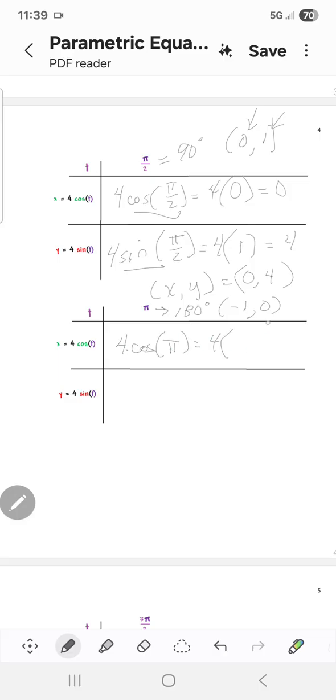That's 4 times, cosine pi is the x coordinate at pi, so it's -1. That's going to give me a -4. Then 4 sine pi, that's going to be 4 times sine of pi, the y coordinate at pi, so that's a 0. So this is going to give me an x, y of -4, 0.